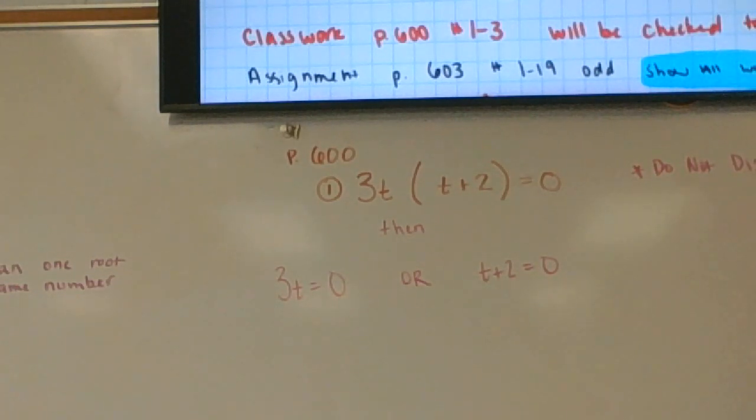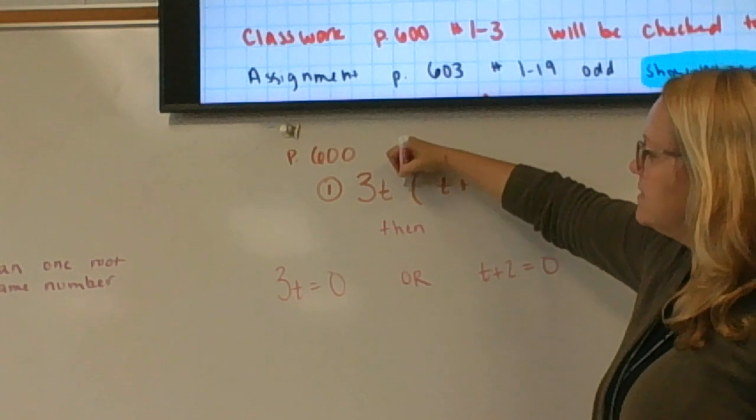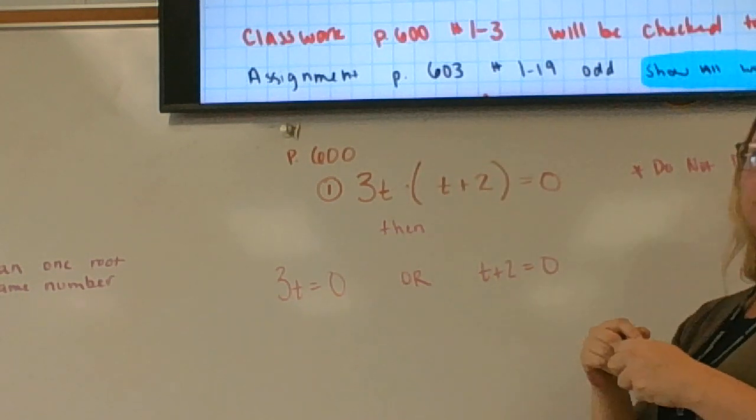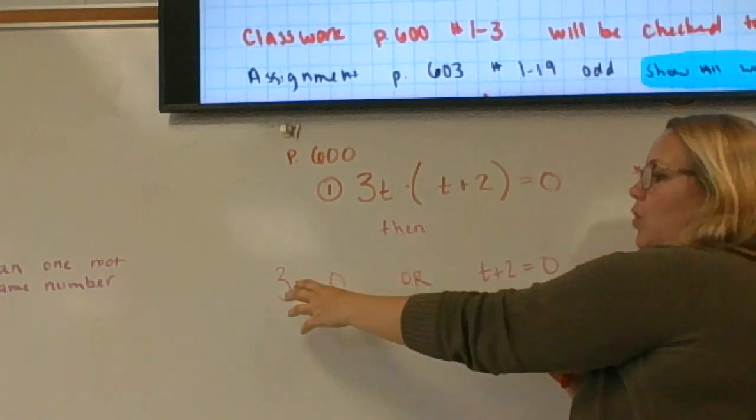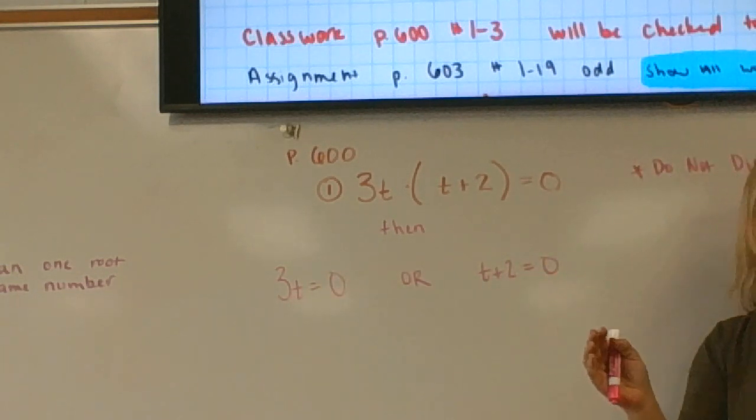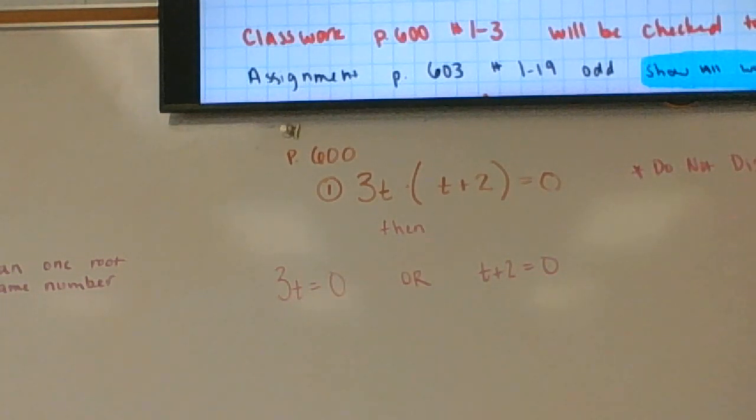You guys buy into that? This is called the zero product property. If you're multiplying two things together and the result is 0, then one of those things has to be 0. That's the only way to get a 0 out. You solve them both, and there's two possible answers.